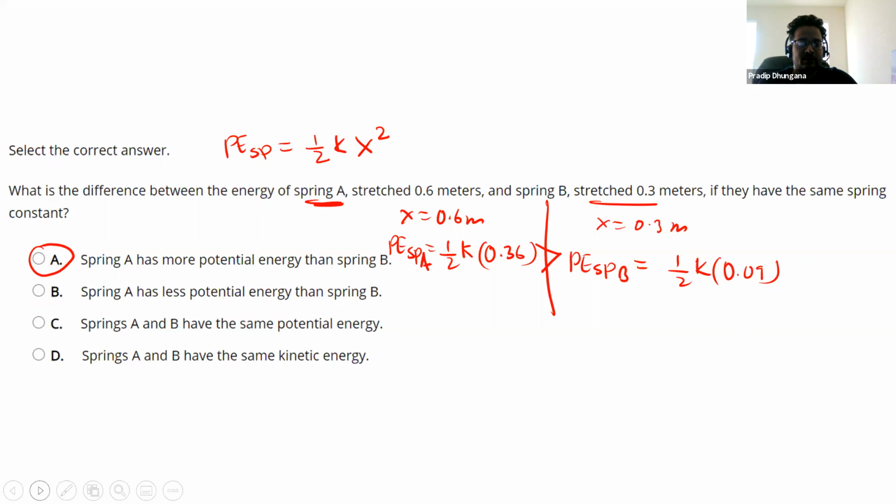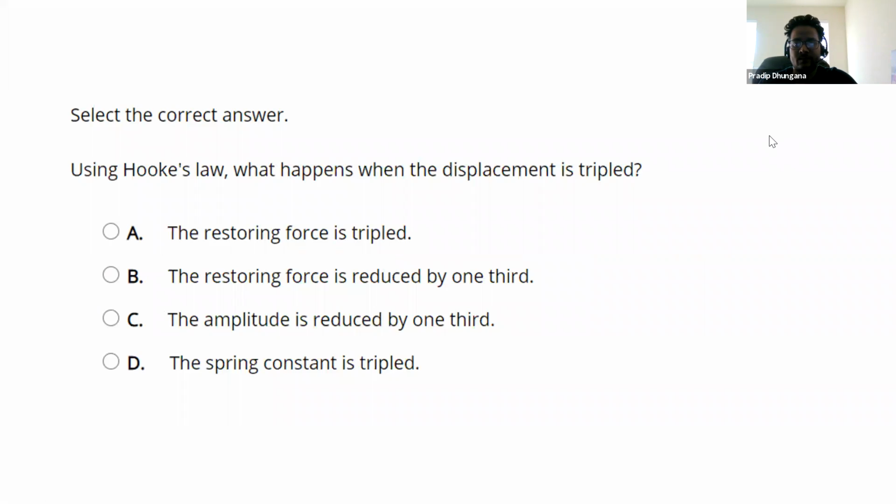Now let's go to the next question. This question is about Hooke's law. Using Hooke's law, what happens when the displacement is tripled? I'll give you a hint here. According to Hooke's law, force is the product of spring constant and displacement.